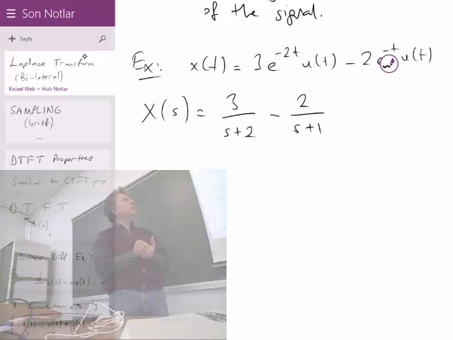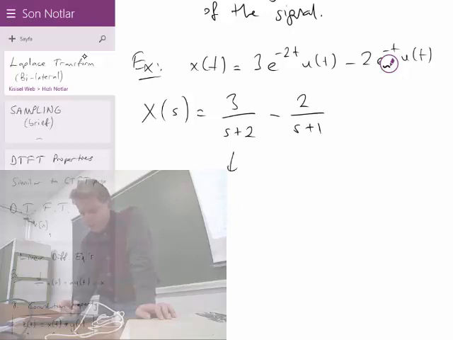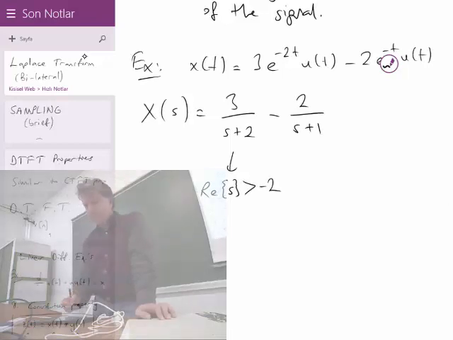What I will emphasize is that automatically we have two poles. The first pole indicates a region of convergence for the first term, which is real part of S is greater than -2.